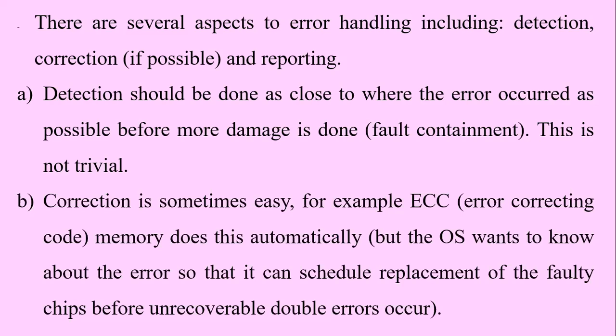Number two, correction is sometimes easy. For example, ECC, that is error correcting code memory, does this automatically. But the operating system wants to know about the error so that it can schedule replacement of the faulty chips before unrecoverable double errors occur.